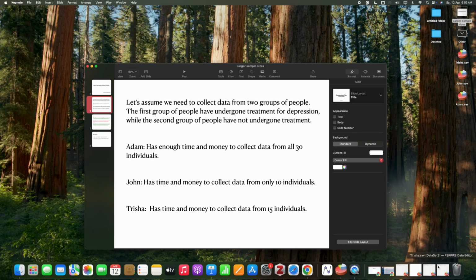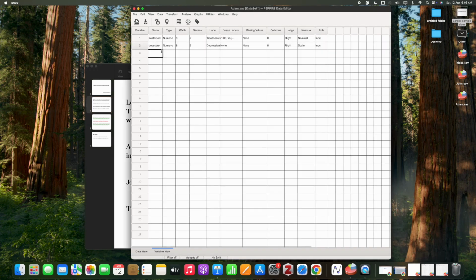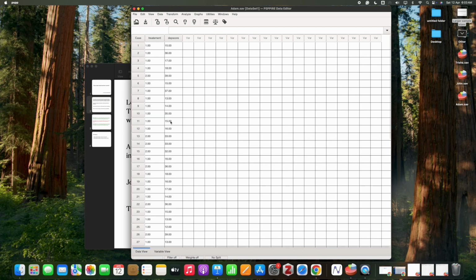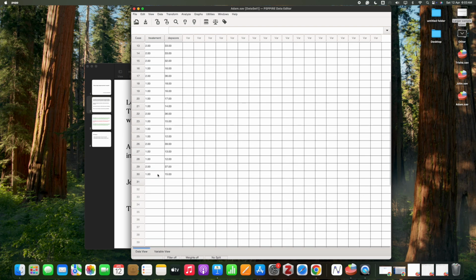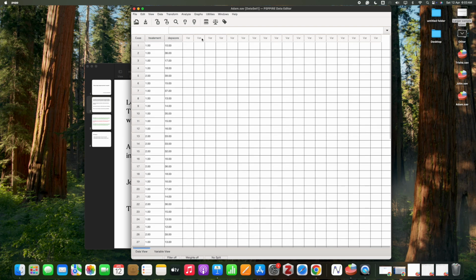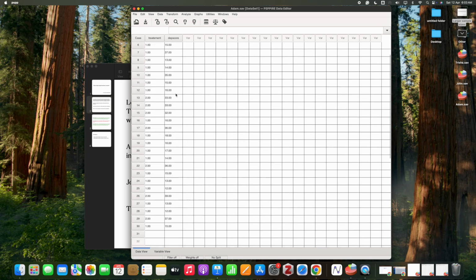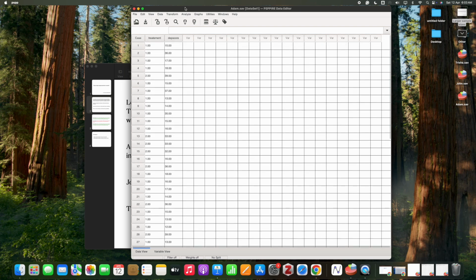We'll first start with Adam. So this is Adam's data set. Adam has, as I said, 30 respondents, and he carries out a test. Let's say he wants to compare those who have undergone treatment versus those who have not undergone treatment and their depression scores. So we go to analyze.